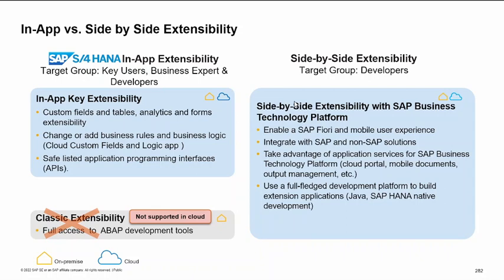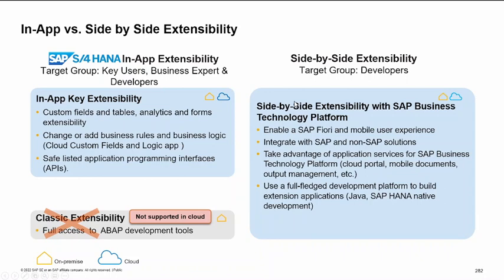There are different ways to find out whether an app can be extended or not. You have the Fiori app library, or you also have the app descriptions in the help portal. So two sources where you can find out how an app can be extended or not. And again, classic extensibility is not supported for SAP S/4HANA Cloud.